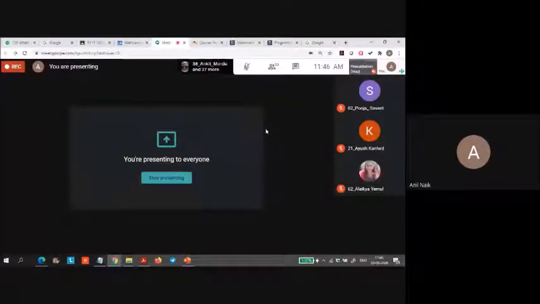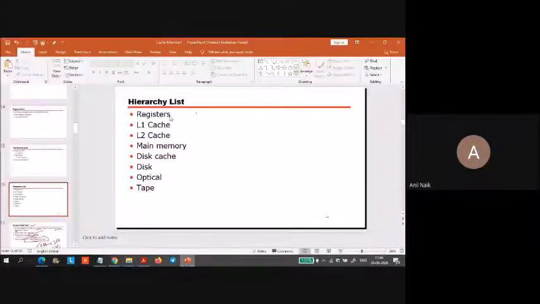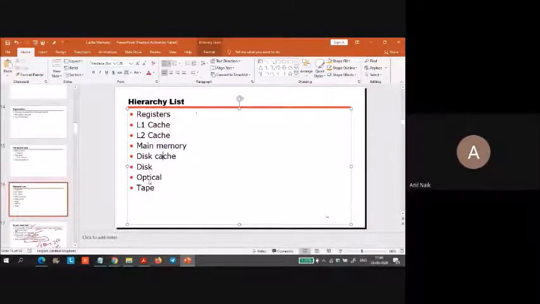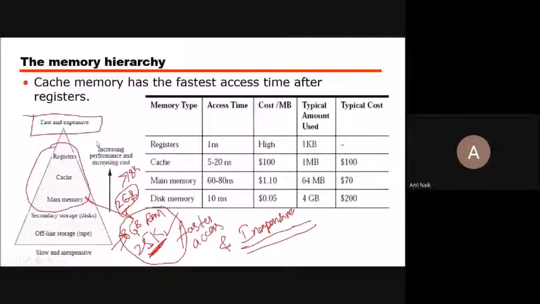The cache memory and memory hierarchy. So in the memory hierarchy, what types of memories are involved? The registers, cache memory, main memory, disk cache, disk memory, optical, and tape. Okay, this is the memory hierarchy diagram: registers, very small size memory, cache memory, main memory, secondary memory, offline storage.